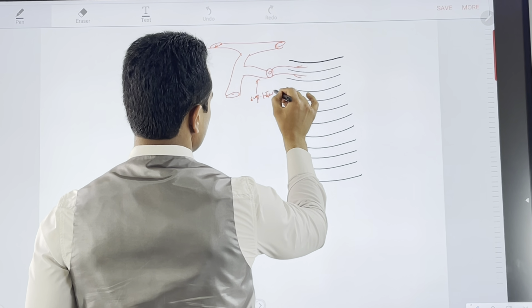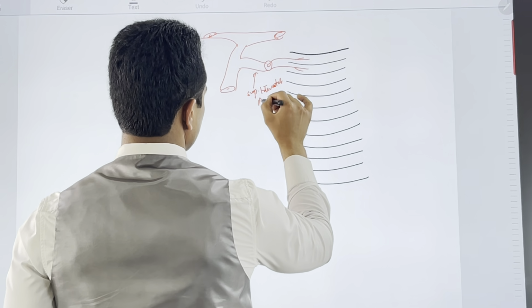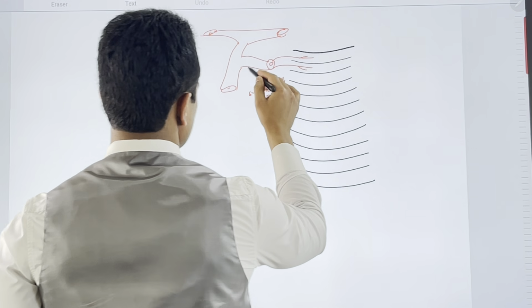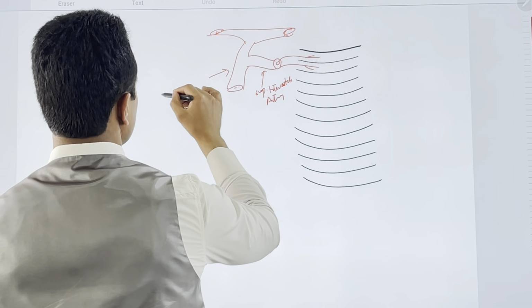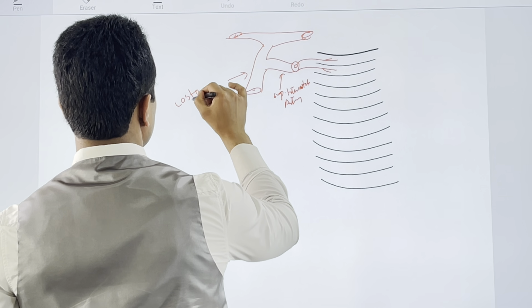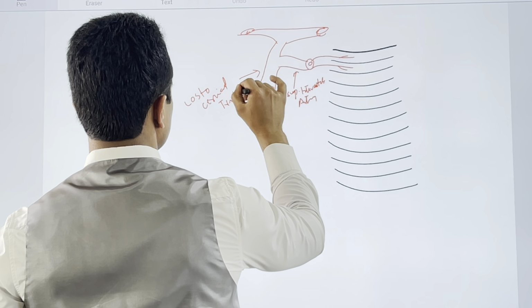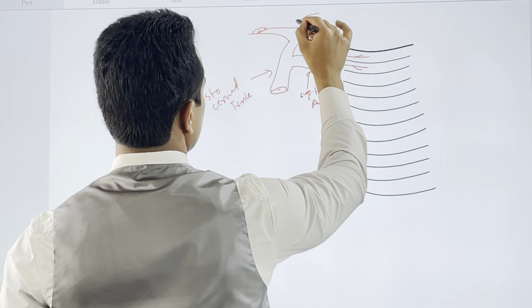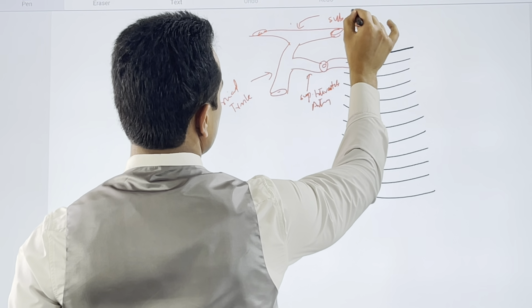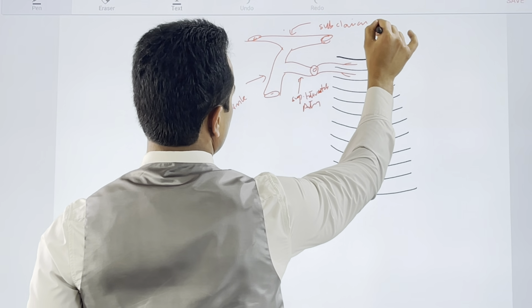This is the superior intercostal artery. And the superior intercostal artery is a branch of the costocervical trunk, and the costocervical trunk is a branch of the second part of the subclavian artery.